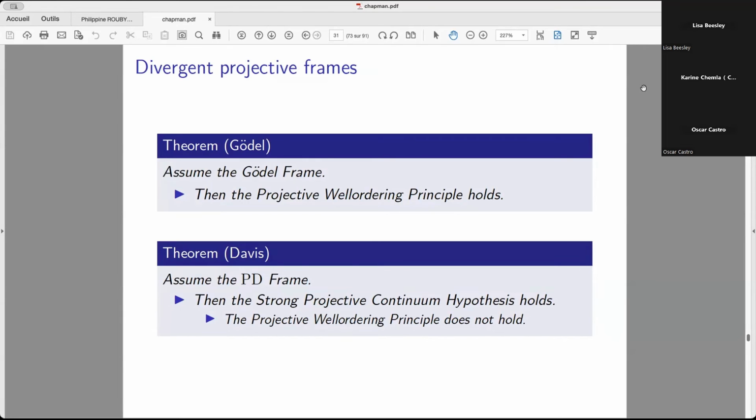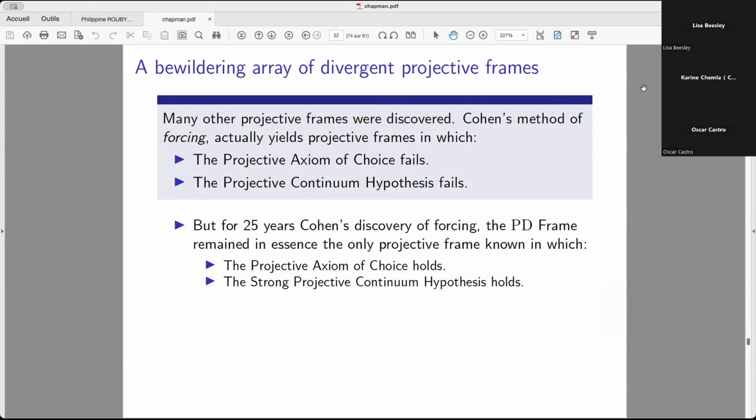So the projective well-ordering principle does not hold in the PD frame. So there's a whole mathematical story here. How is it you get the projective axiom of choice without having the projective well-ordering principle? And that comes from a deep analysis of the projective sets in the context of PD. In fact, there's a bewildering array of divergent projective frames. All kinds of projective frames. We're not making any progress.